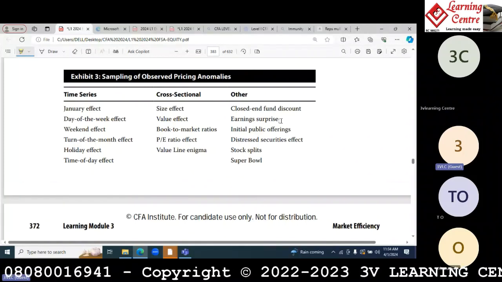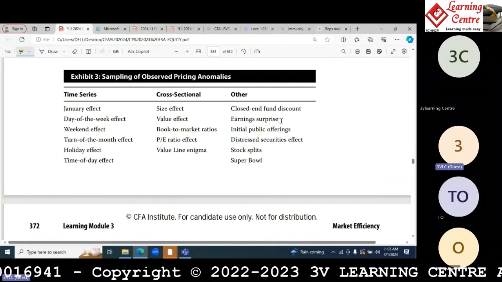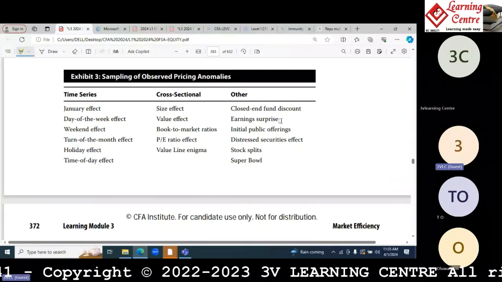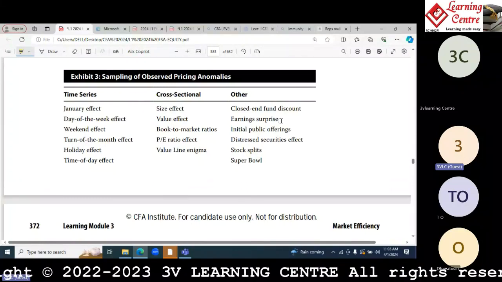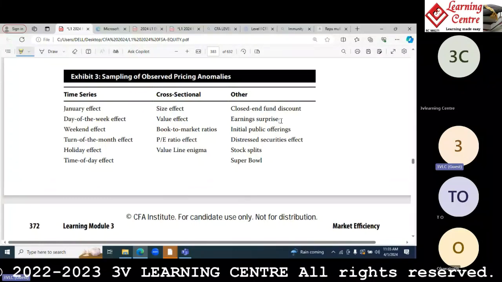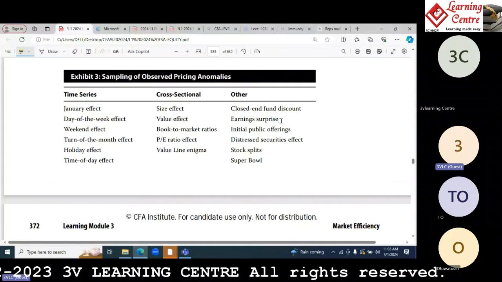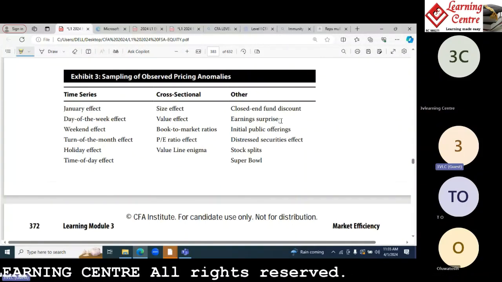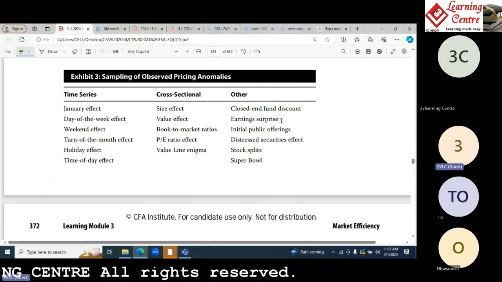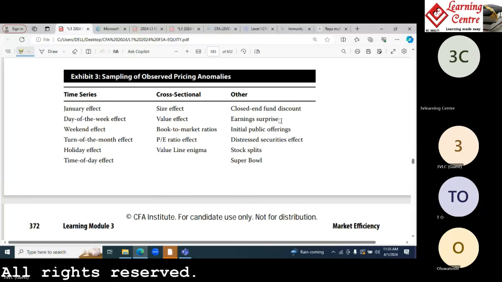Mondays because there's been a Saturday and Sunday that has given people room to evaluate their positions, and they come into the market on Monday to take on their positions. So most of the time, the market is always active on a Monday and calm on a Friday. Then the weekend effect. That's literally almost the same thing as the Friday effect, leading up to Friday.